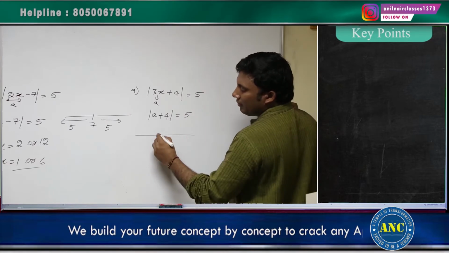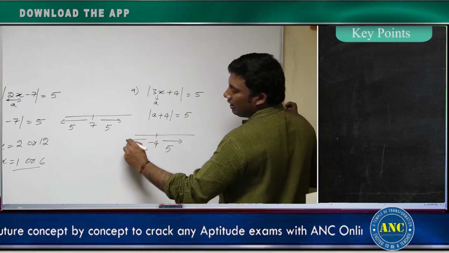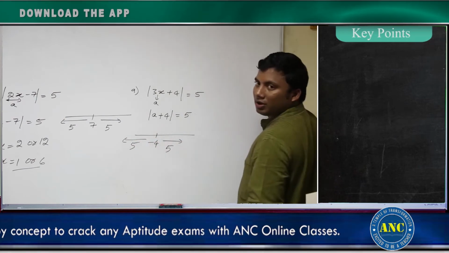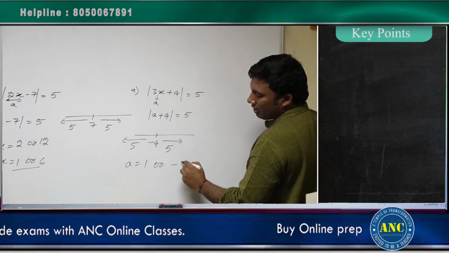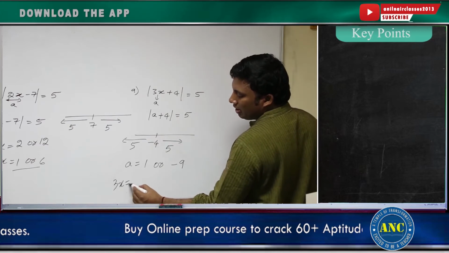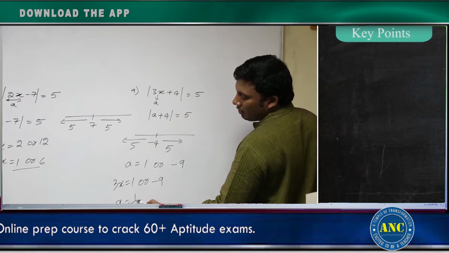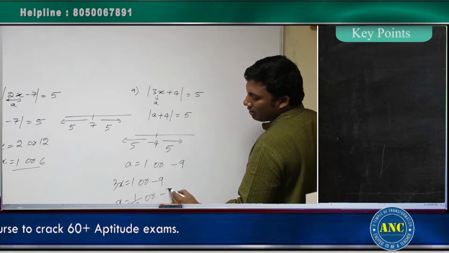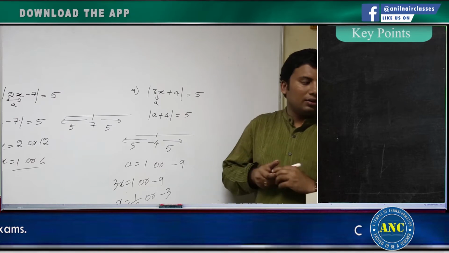A is there at minus 4. It travels 5 units forward. It travels 5 units backward. So a will be 1 or minus 9. A is 3x. 3x equivalent to 1 or minus 9. X will be 1 by 3 or minus 3.